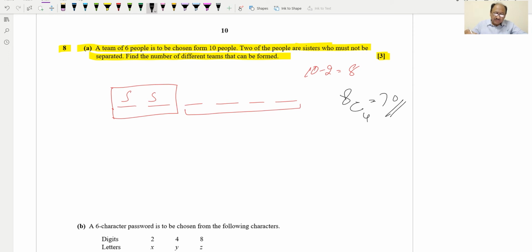There can be 2 options. One option is that the 2 sisters are included, and there will be 4 other spaces which we are filling, and there will be 70 options available. So option 1 is sisters included.